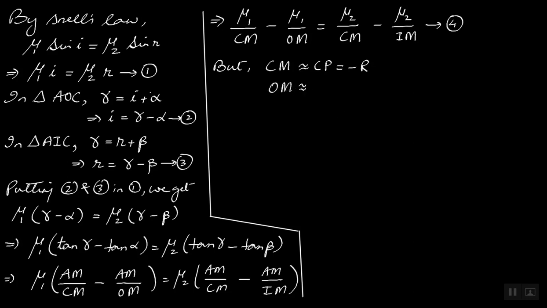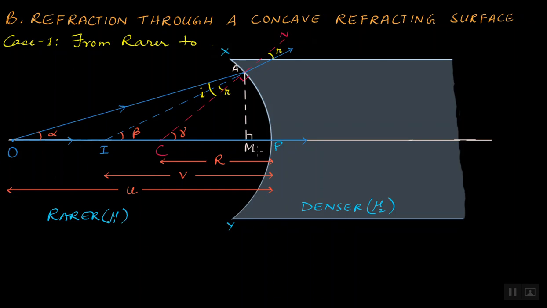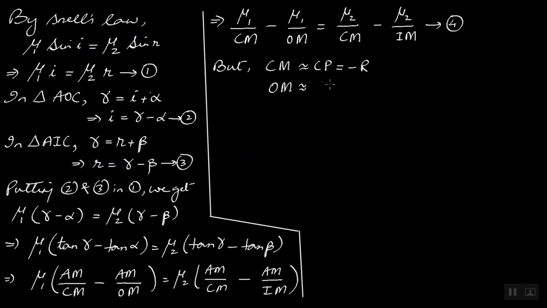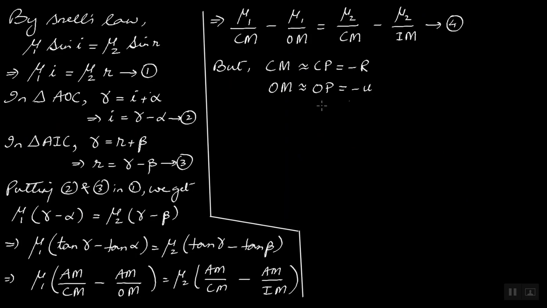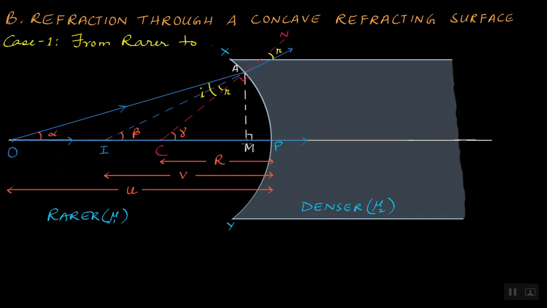OM here is nearly equal to OP, and OP here is minus U. What is IM? IM here is nearly equal to IP, and that is minus V. Let us look. IM from I to M is nearly equal to from I to P, and that is minus V. Yes, so these distances are all negative. Why? Because they all lie on the left side of the pole.